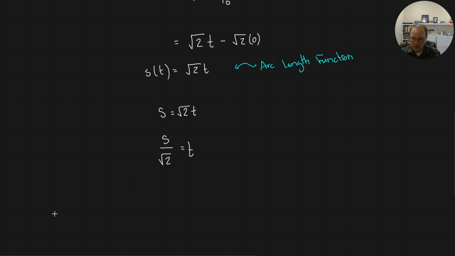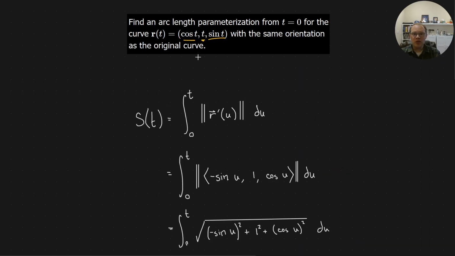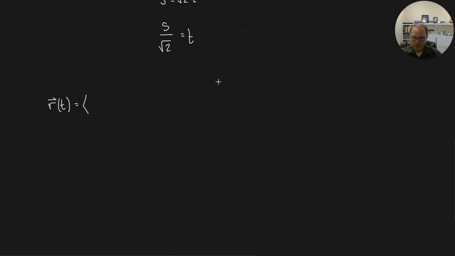My original vector valued function, in terms of the original parameter t, was cosine t, t, sine t. But now I have this relationship between s and t, and because I've isolated the t, I could just substitute in what this is to get an arc length parameterization for the same curve.